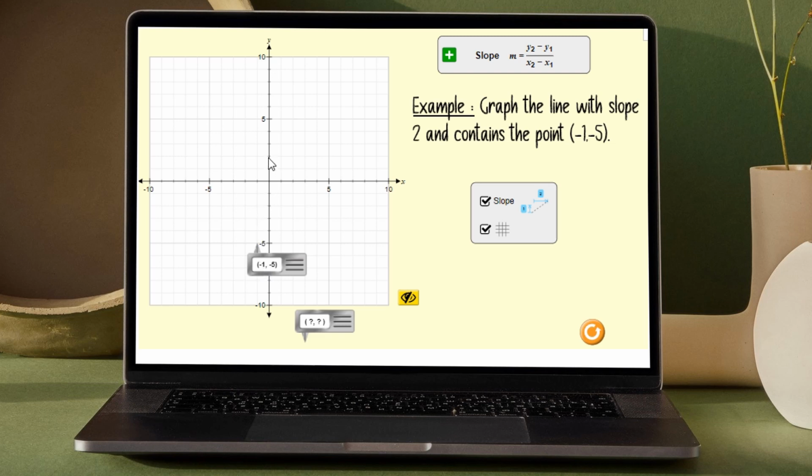So meaning we have the change in y 2 and the change in x 1. So as you can see, the change in x is 1 and the change in y is 2.